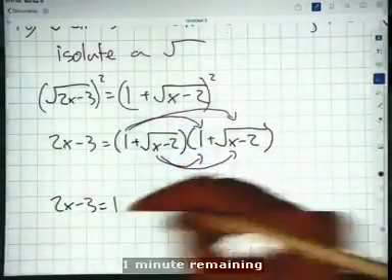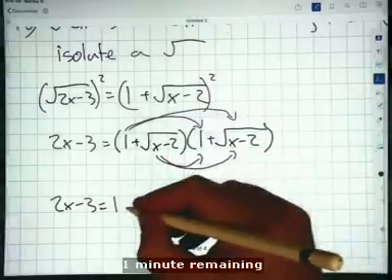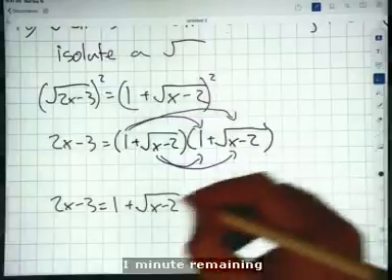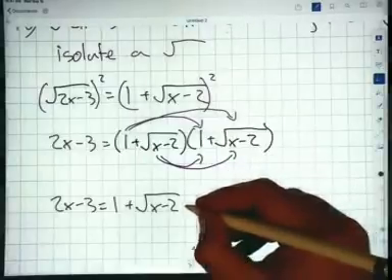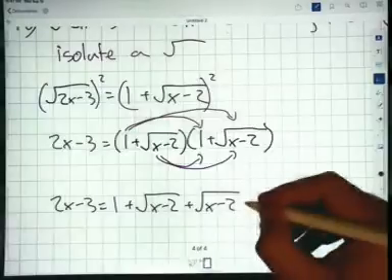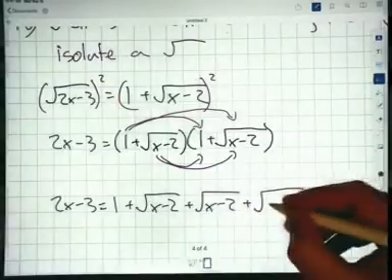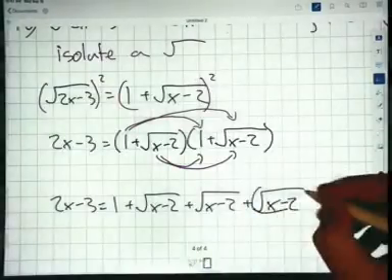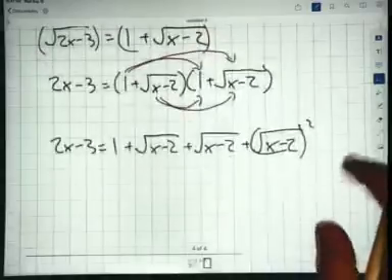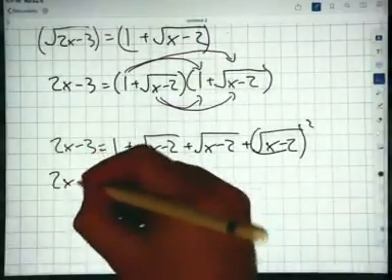1 times 1 is 1. 1 times the radical is the radical. Radical times 1 is the radical. And then you have radical times itself. So a couple of things happen.